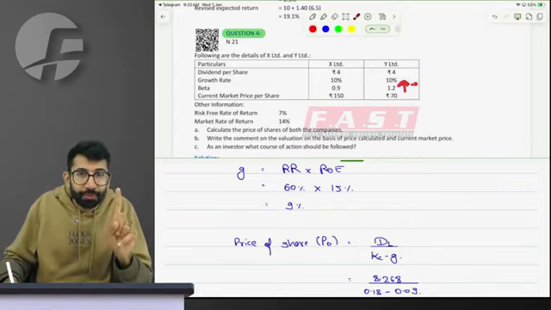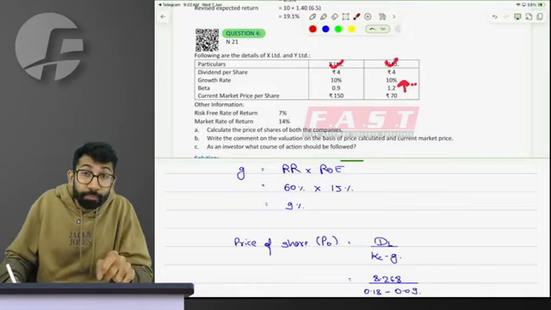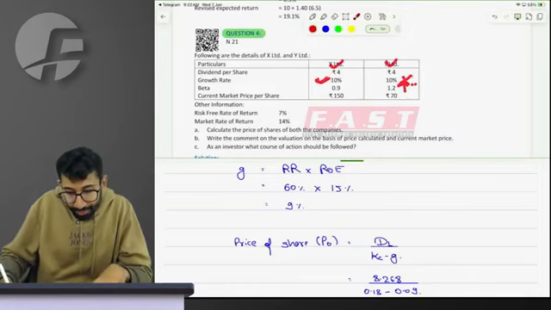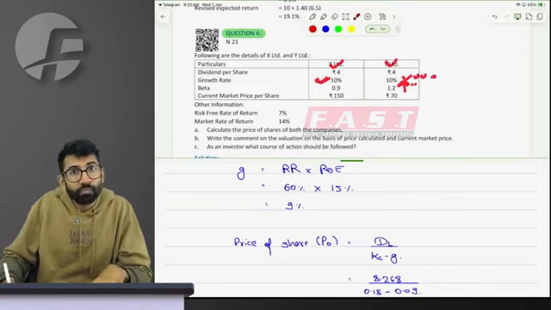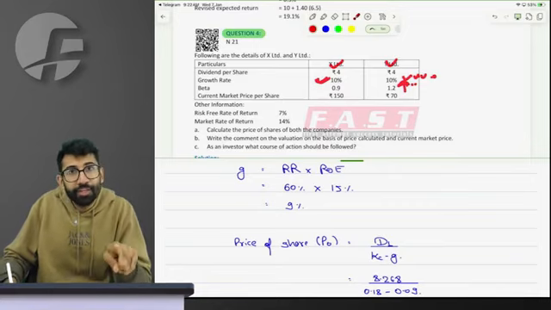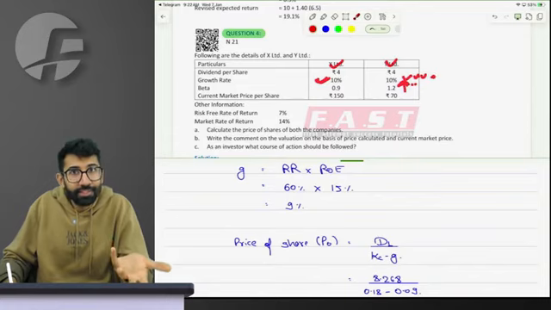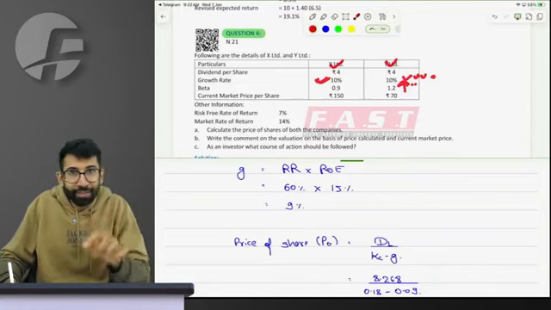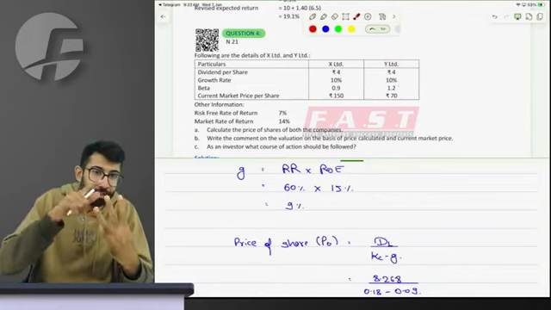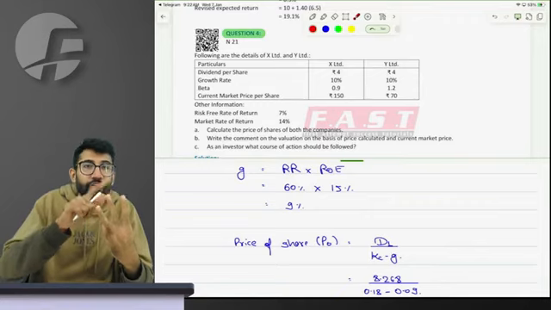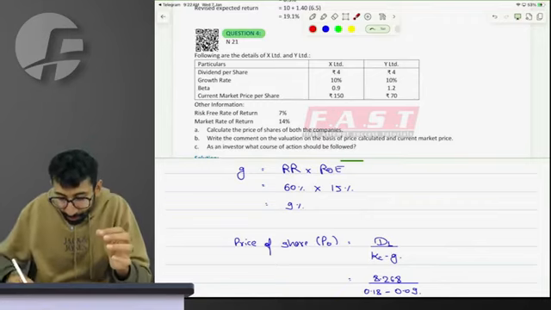Next question. If the dividends are the same, if the growth of the two companies is the same, but K are different, will the value of the two companies be different? Obviously, yes. Because in my entire formula, there are three variables: dividend, cost of equity, growth. If cost of equity is different, then the answer will be different.